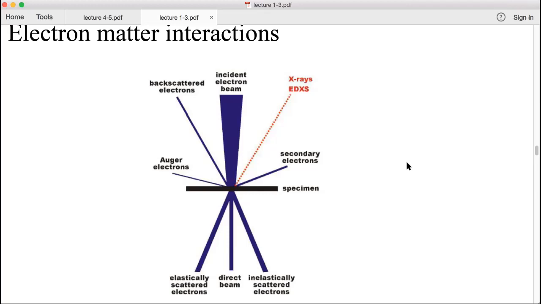So you have the image and you have a spectrum, and this EDX spectrum basically uses these generated X-rays, and that gives you a compositional idea about the image. So that's why these interactions give you very unique information about this specimen.